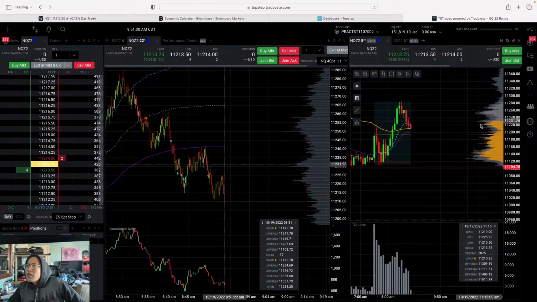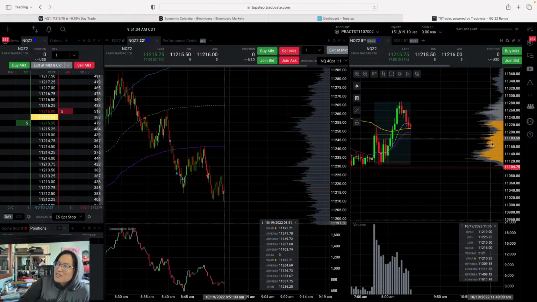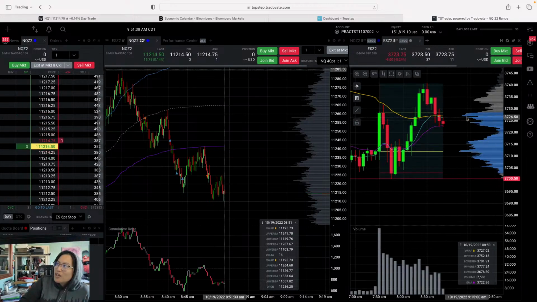Not as much of a gap in the volume profile on NQ. It just kind of looks like a bigger one. ES looks deeper and clearer.